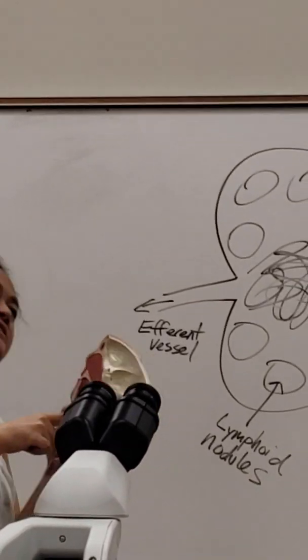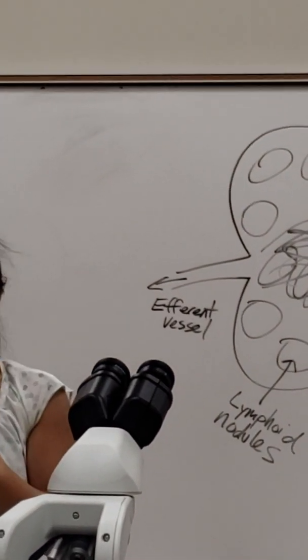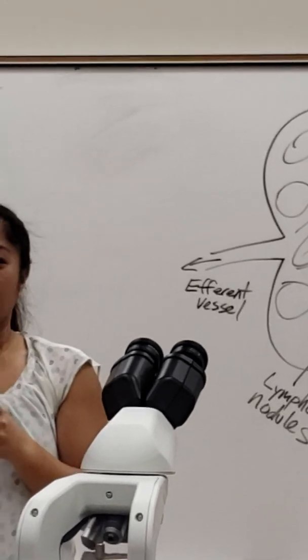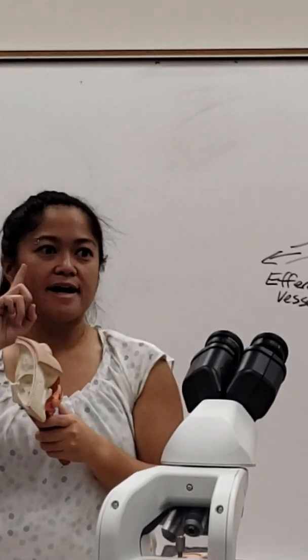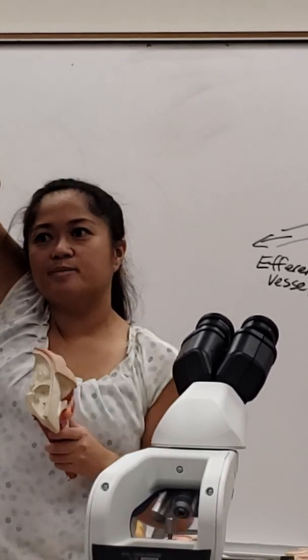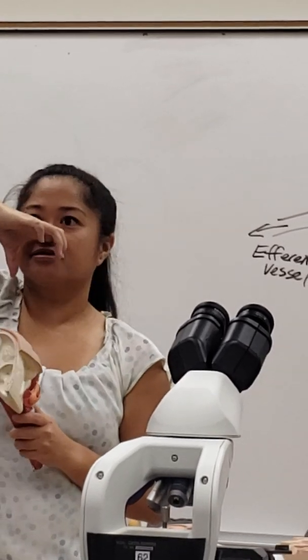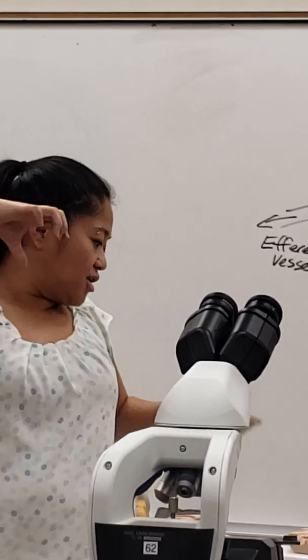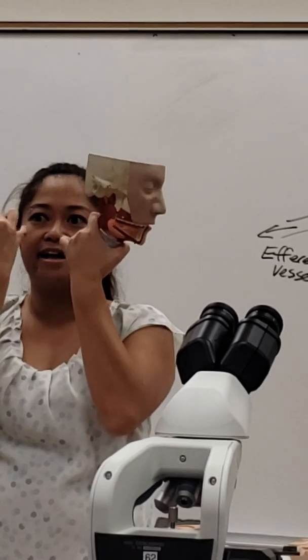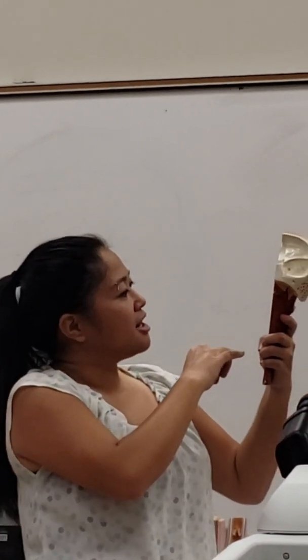Okay? Now the palatine tonsil, where's your palate? It's like the roof of your mouth, right? But the roof of your mouth forms an arch like this, right? So if you look at the arch, you'll actually see them on the ends of the arch. So it's not the roof, it's on the walls, right here and here.